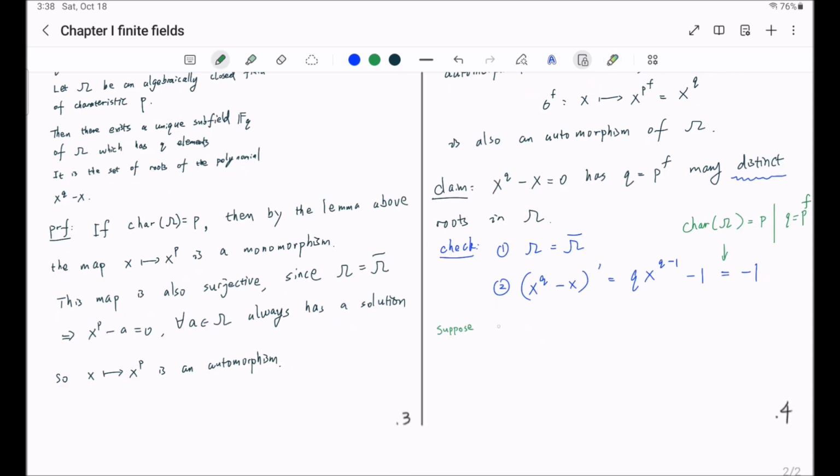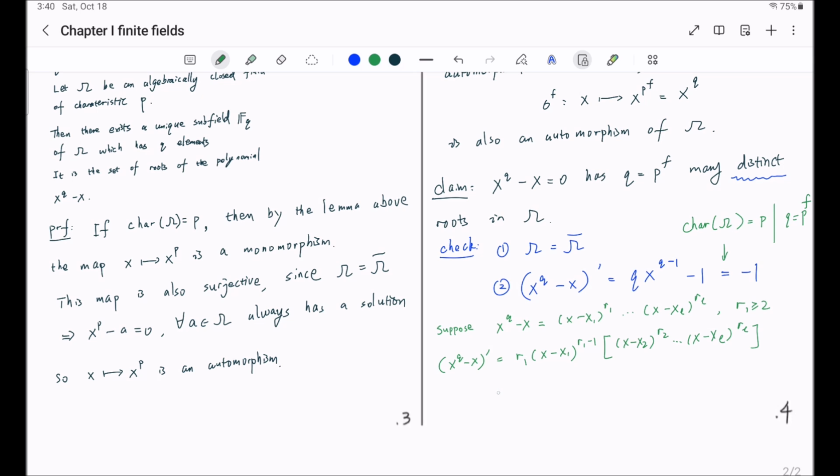Suppose this guy has a root of multiplicity at least 2. Say r1 is at least 2. Now, if you look at the formal derivative of it, by the product rule, let's write the derivative into two parts. The first part is r1 times x minus x1 to the r1 minus 1 multiplied by the rest.